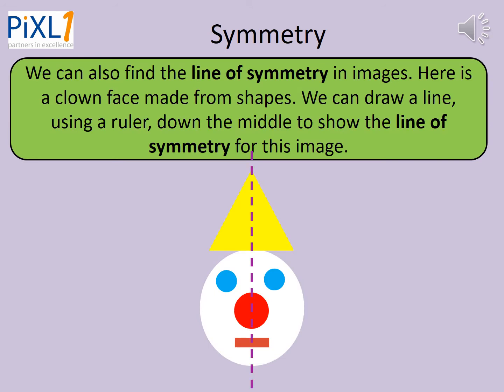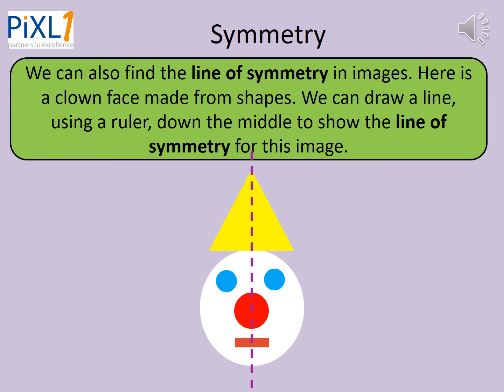We can also find lines of symmetries in images. This is an image of a clown face using shapes. If we draw a line of symmetry down the middle and we fold it, or we put a mirror there to see whether it would be a line of symmetry, we know that it would.